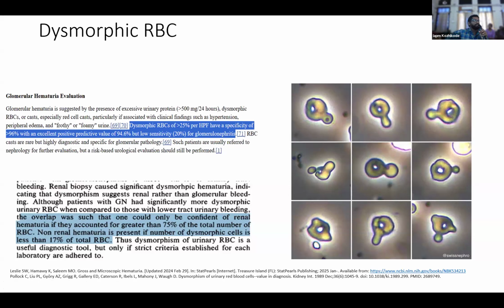There is a general consensus that if you are counting the RBCs and 15 to 20 or 20 to 25 percent of them are dysmorphic, then it is highly likely that you are dealing with a hematuria that is glomerular in origin. You can have a hematuria even from the tip of the urethra, but that will not be dysmorphic like this. So if dysmorphic RBCs are increased in number, you are highly likely dealing with a glomerular origin of hematuria.